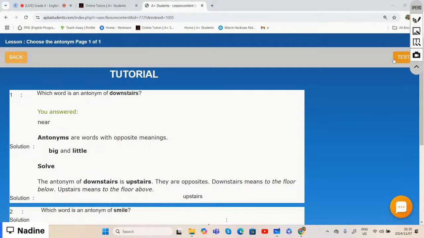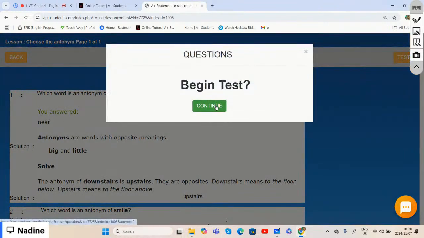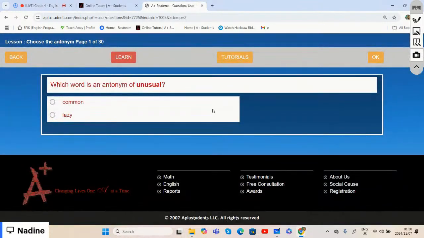All right, so now we're going to our test where we are going to choose the antonyms, words with the opposite meaning.